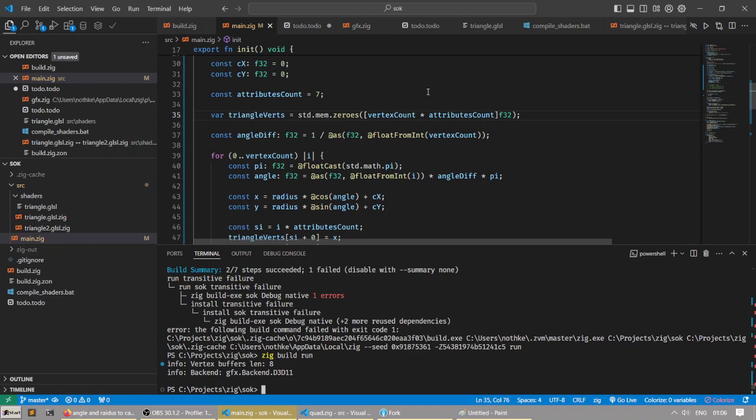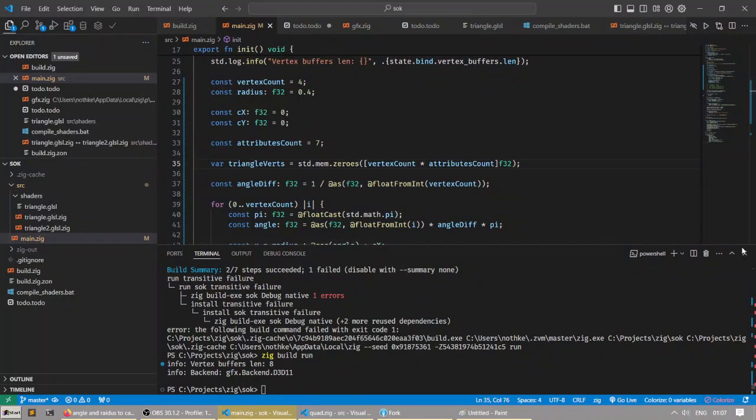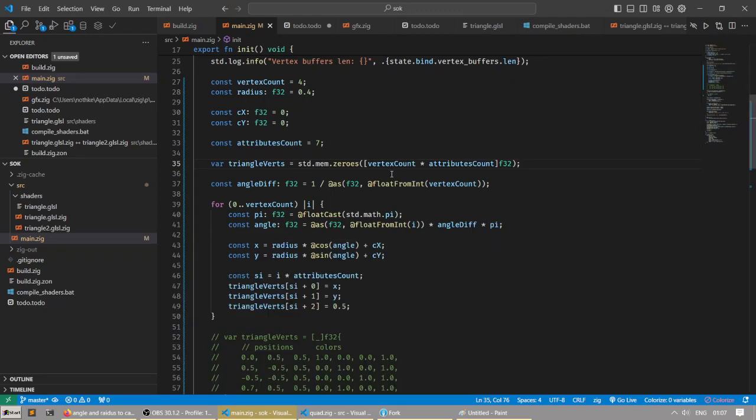It has to do with my beautiful calculation of x and y. X and y. Attributes count. What am I doing wrong?